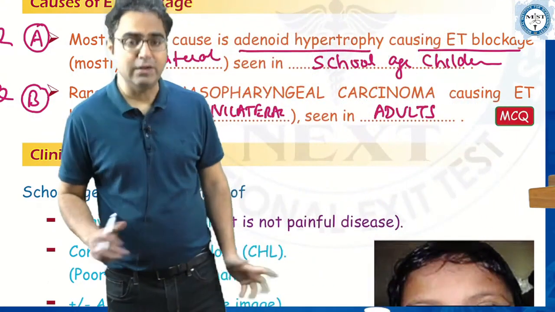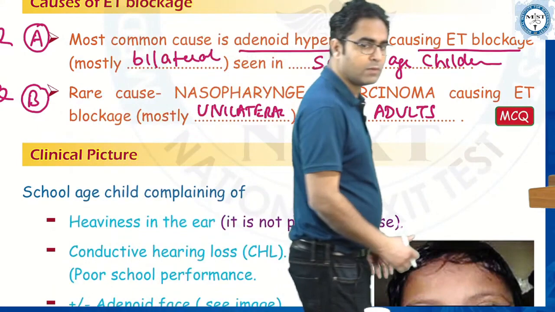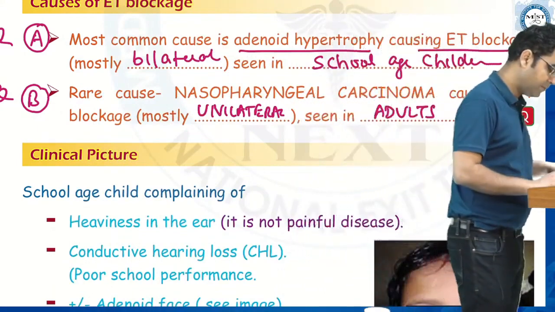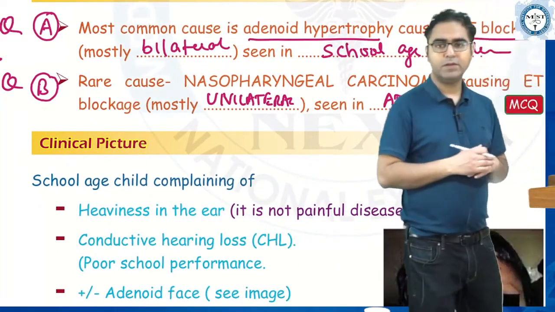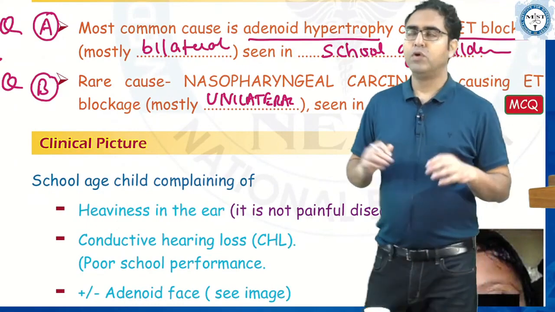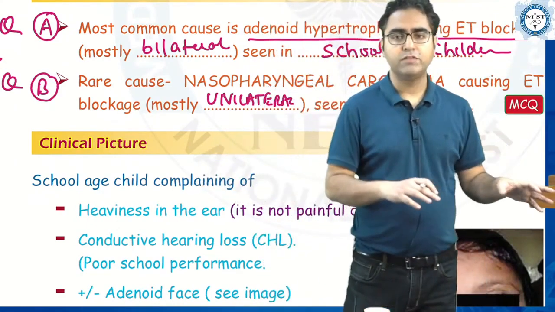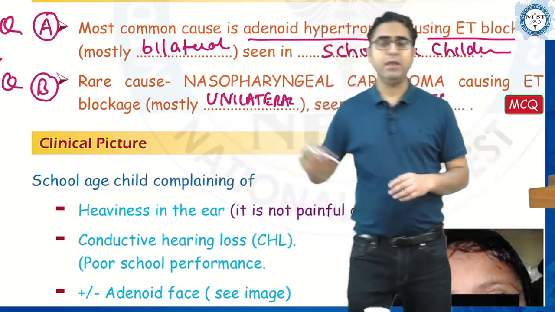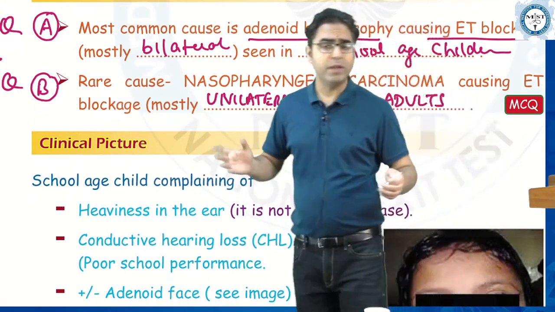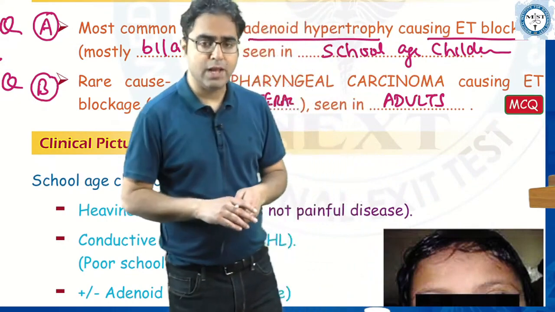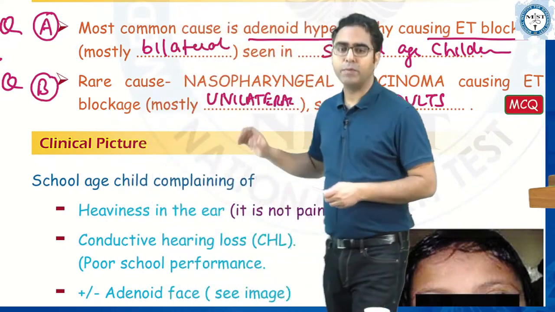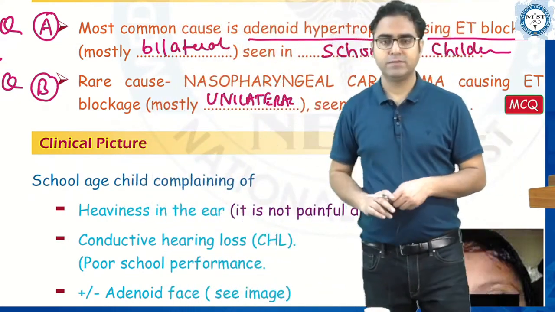Am I clear? Can we go further? So mostly adenoid is the cause, and adenoid causes bilateral glue ear seen in school age children. Rarely there can be a cancer, uncommon in India, nasopharyngeal carcinoma, that causes this problem in adults, but it is unilateral.